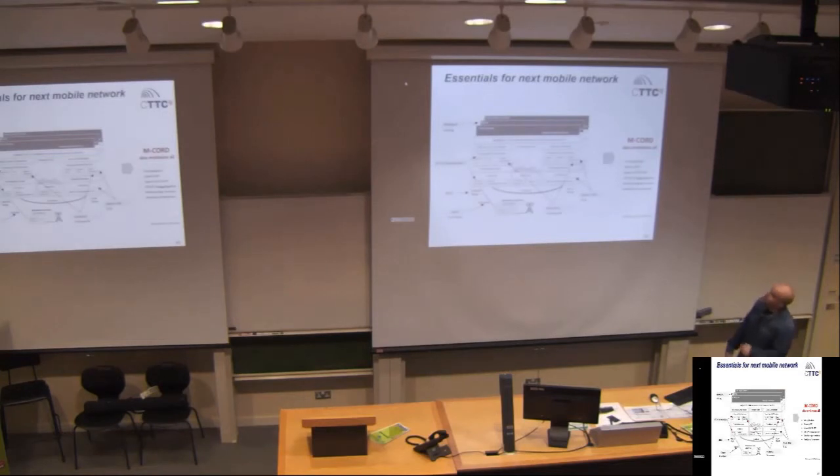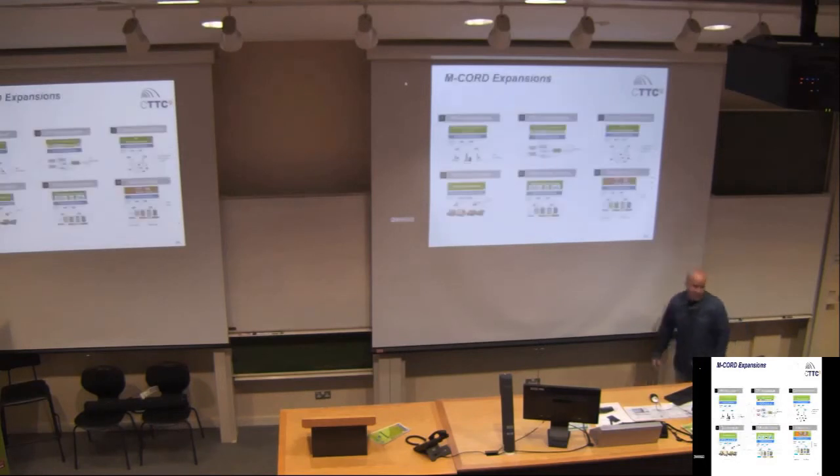So this is the architecture of MCore. I put it in the part of the core network, but it basically deals with the three segments of the network, because of this blurring of network functions from the RAN and EPC to the backhaul and the fronthaul. These are some of the expansions that MCore is facing for 5G.